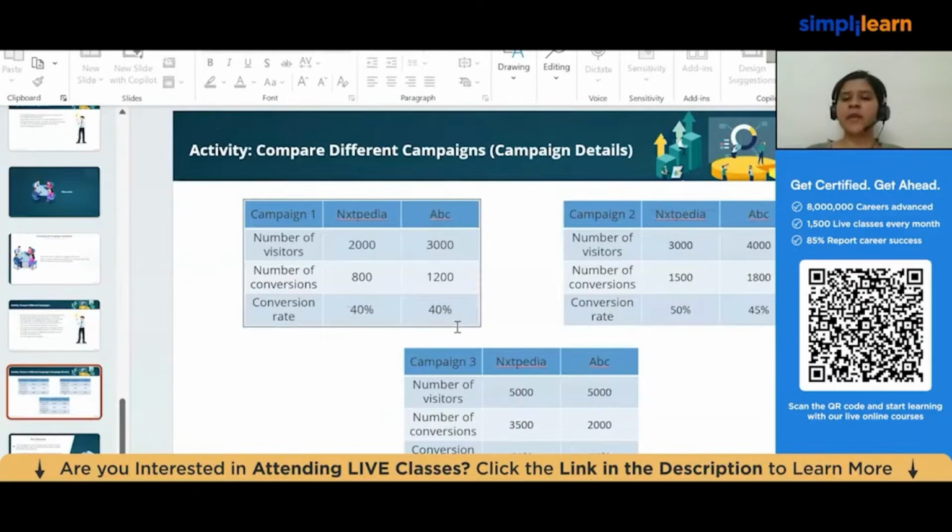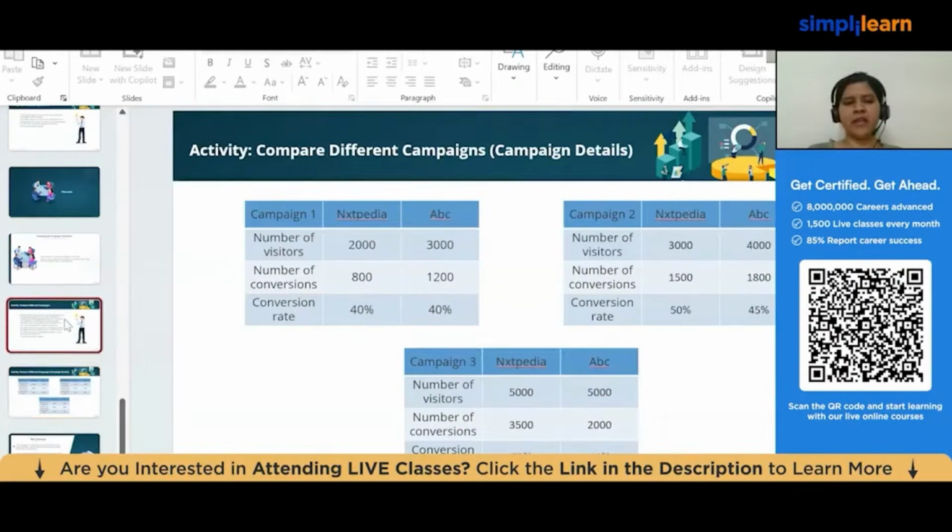So your first priority should be given to conversion rate. Here, because the conversion rate was equal, I said that ABC is better, but in this case Expedia is better. Even in this case, Expedia is better because 70% of people are converting. Out of 5000 clicks, let's consider visitors as clicks, if 3500 people are getting converted, don't you think this is better any day compared to ABC?